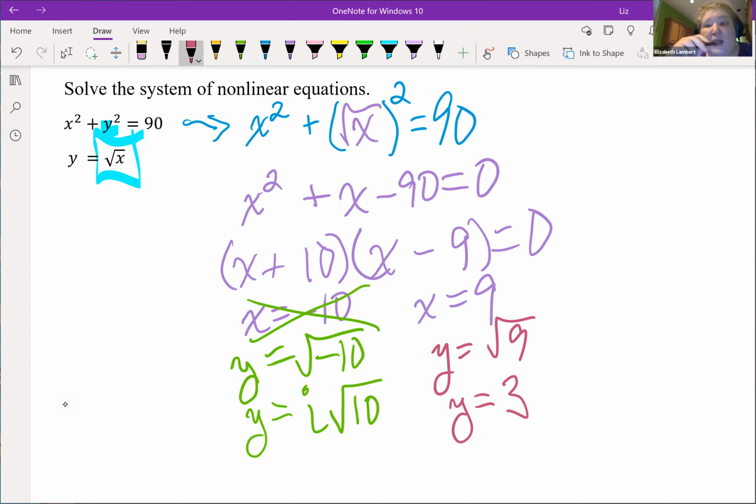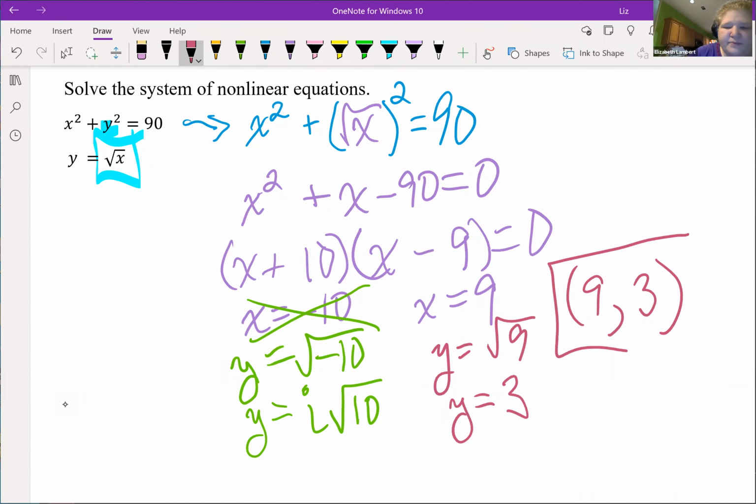Now they could have written y equals the negative square root of x, and then our only answer would be negative 3. But here we just get 9 and 3. x equals 9, y equals 3. So the ordered pair then is 9, 3. Now, me personally, if you just wrote x equals 9, y equals 3, I'm ecstatic you got to that, and I'd be happy.